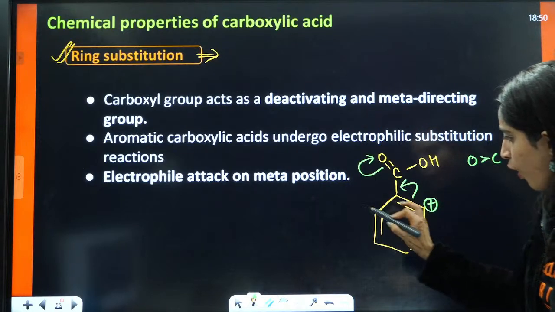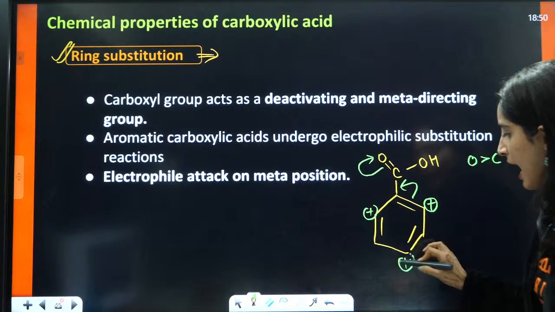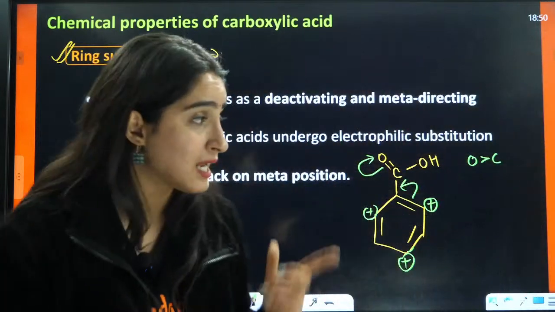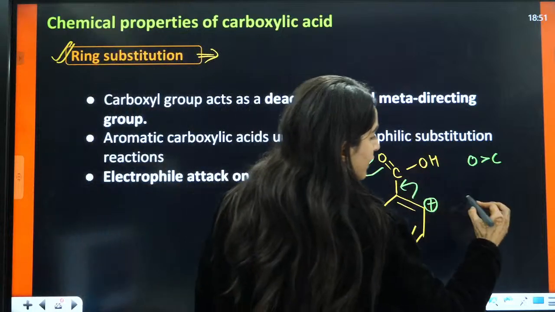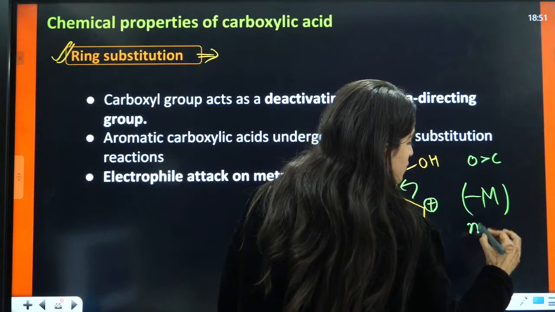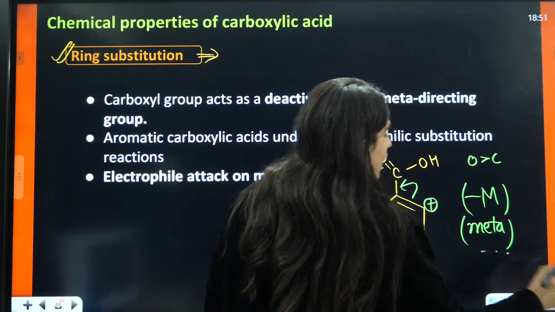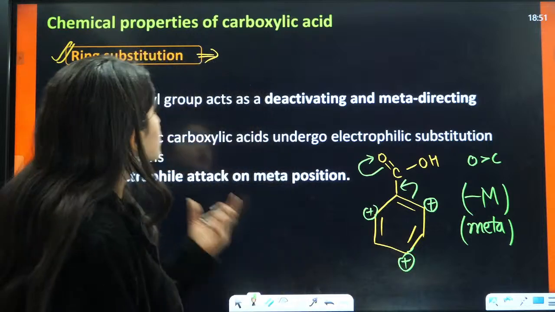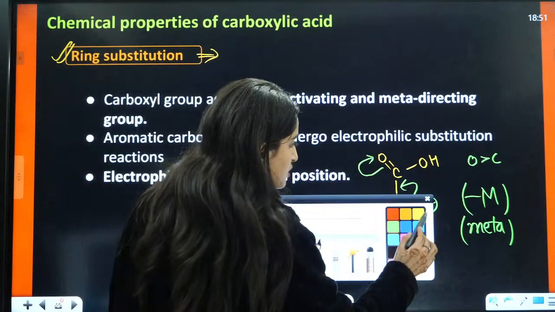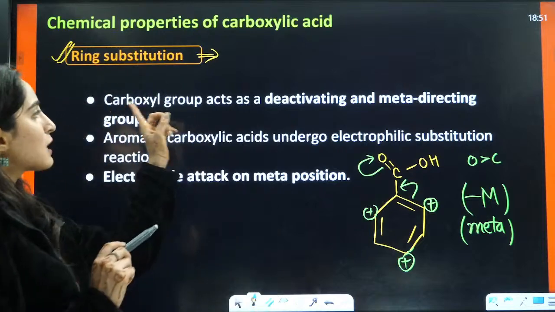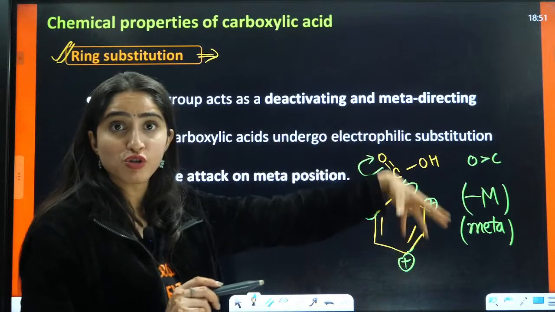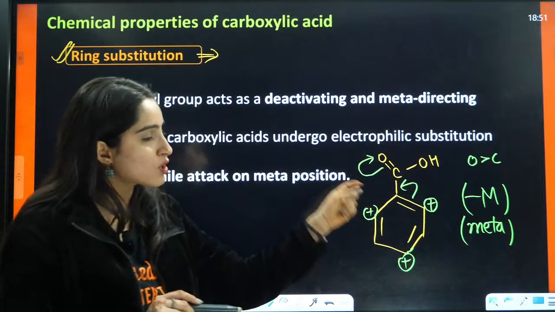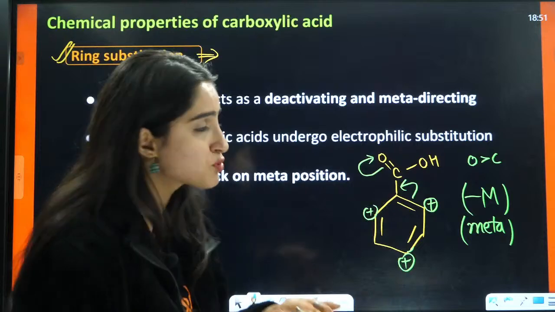Positive charge will be on the ortho and para positions, and hence meta will have slightly negative charge, more electron density. As it is taking out electrons, it shows a minus M effect and is meta-directing. So towards electrophilic substitution reactions, it is meta-directing in nature. The carboxyl group acts as deactivating because it is taking out electrons, and a meta-directing group because electron density is more on the meta position.